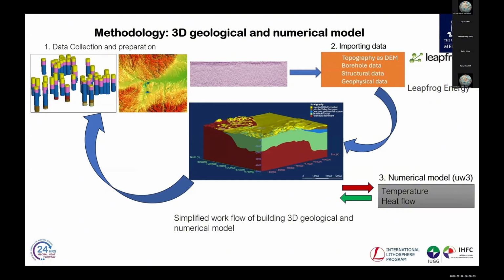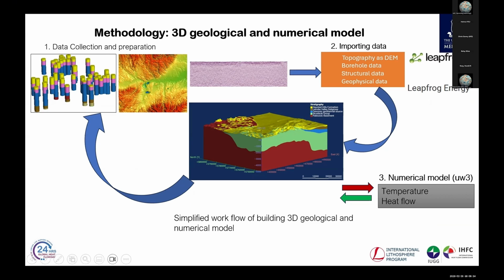Of course, we have several intensive boreholes drilled for petroleum exploration, coal exploration, and groundwater as well. So we collect these borehole data, and also we have the topography, showing the superficial features of the Earth. That's coupled with geophysical data such as seismic and gravity data. So we can easily constrain the 3D model.